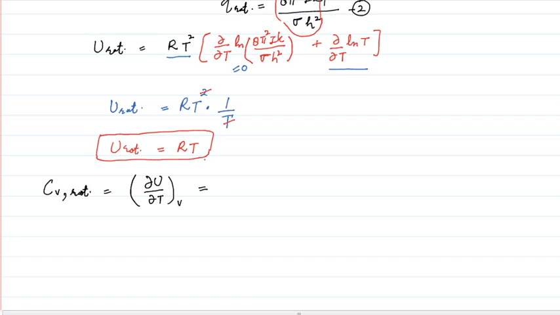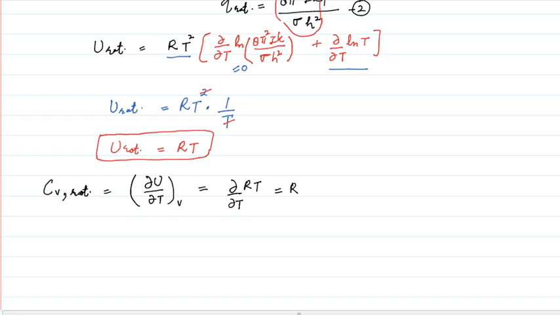So we can write ∂/∂T of RT. It will be simply equal to R, which is a constant, outside, and ∂T upon ∂T will be equal to 1. So we got this relation.